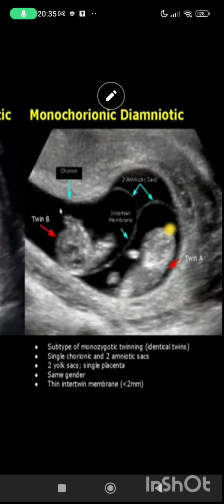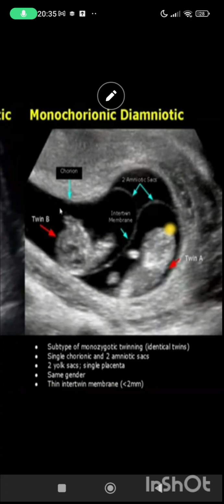Then twin anemia polycythemia sequence, TAPS. What happens in TAPS? It occurs in the late stage of TTS, and one twin loses red cells and becomes anemic, and the other becomes polycythemic because it receives too many red blood cells. It's like one battery draining power into another.